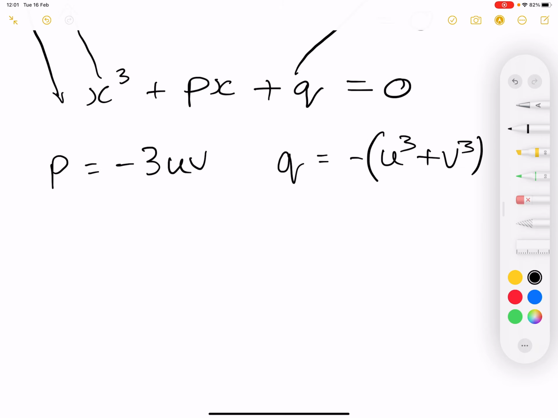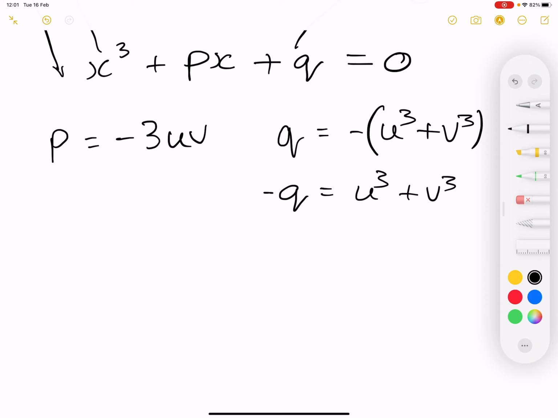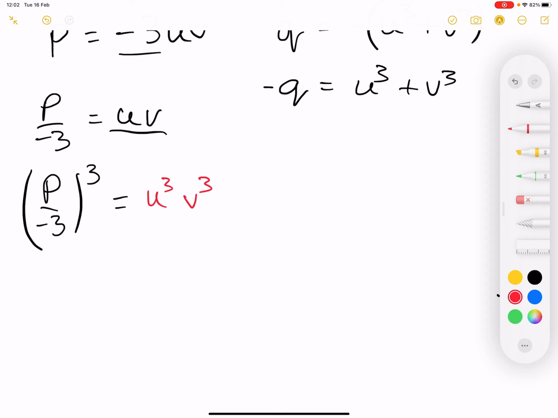First thing I'm going to do is change that to negative q is equal to u cubed plus v cubed. Then I'm going to divide by minus 3 here, and that will give me p over minus 3 is equal to uv. I'm then going to cube this, and that will give me p over minus 3 cubed is equal to, I'm going to write this in another colour, you'll see why in a moment, u cubed v cubed.